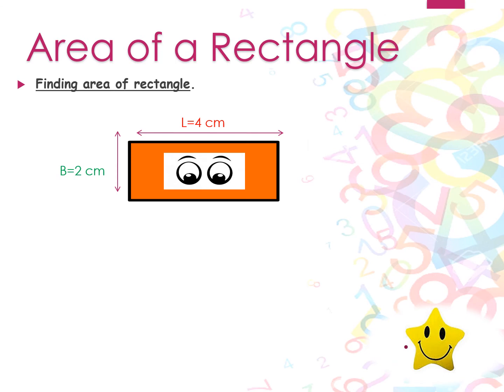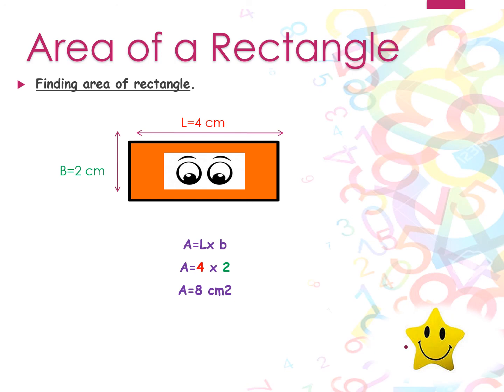After working out the area of a square, it's time for a rectangle. Firstly, we all know a rectangle has two equal sides. Longer side is called length and shorter side is called breadth. Length is represented by the letter L and breadth by the letter B. The method and formula for calculation of area of rectangle is similar to square. The only difference is replacement of one side with breadth.